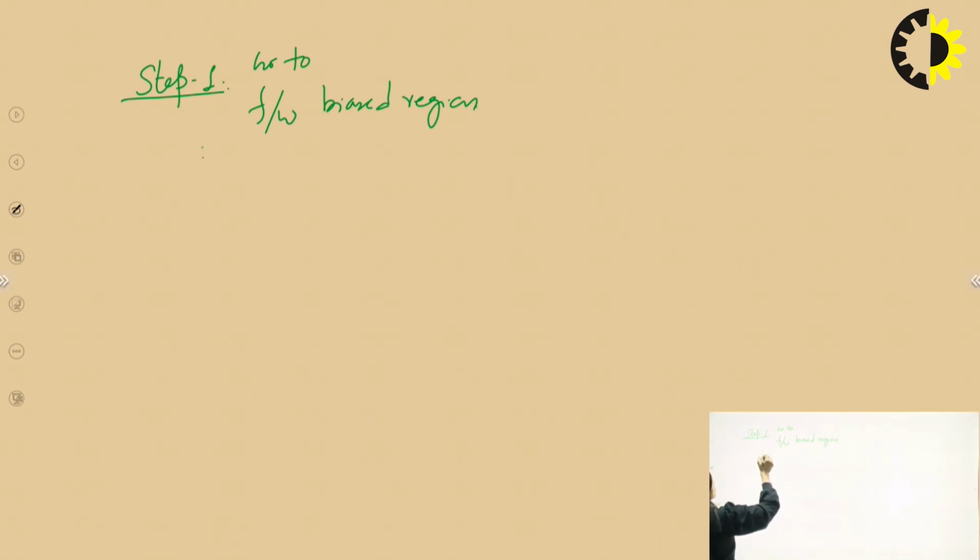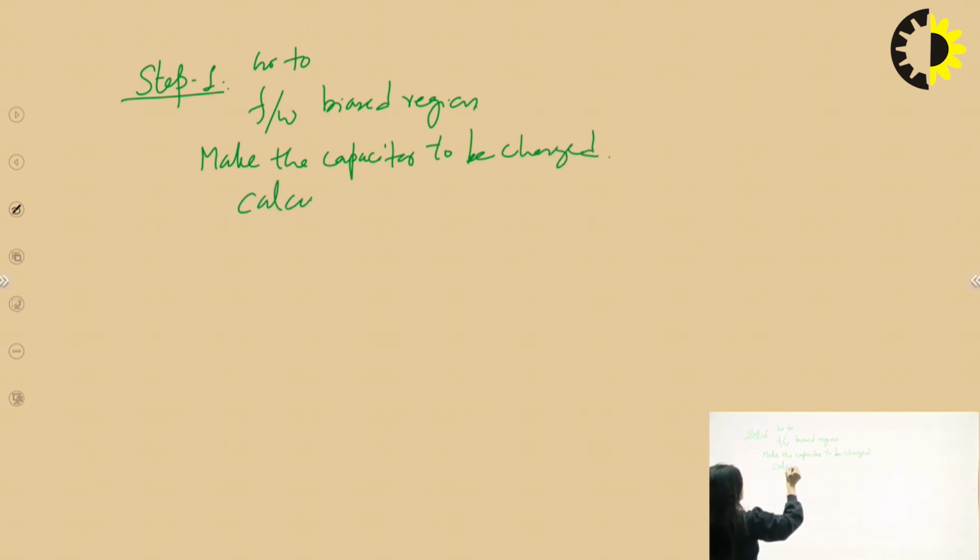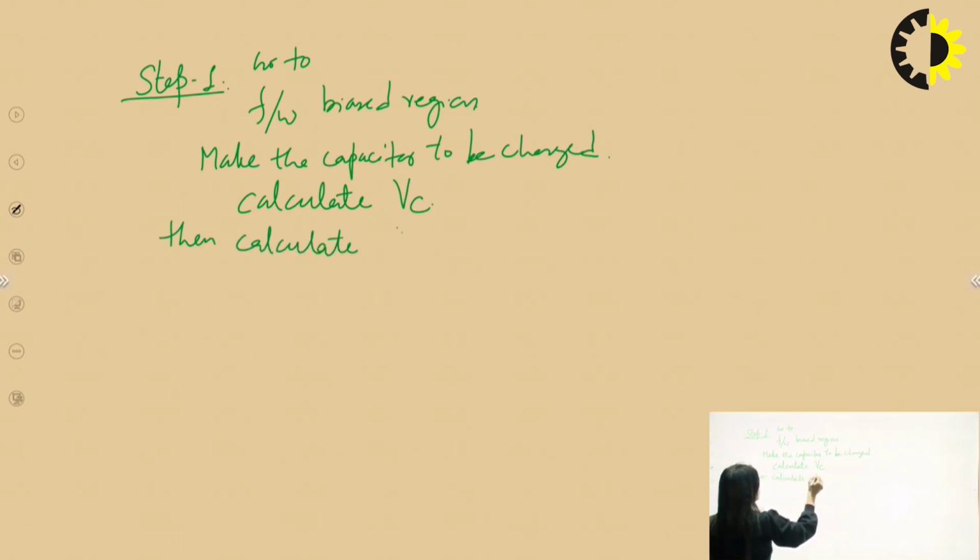Make the capacitor to be charged. Calculate VC, then calculate VO. Okay, right?